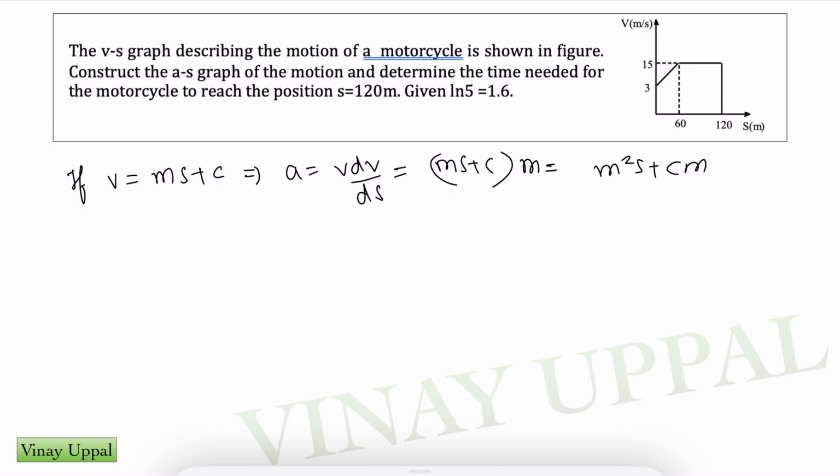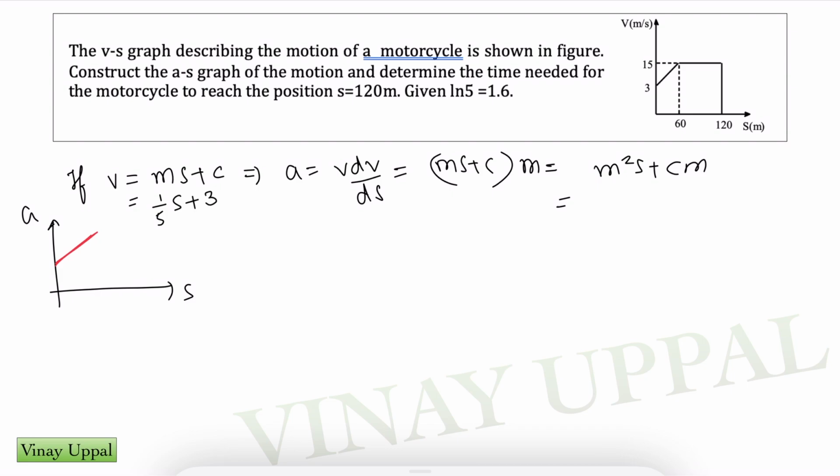In this particular situation, the y-intercept, which is 3, is positive, and the slope is of course positive, so the acceleration versus displacement graph for the first 60 meters is going to look like a straight line. Let us quickly figure out the y-intercept. Here the velocity slope is 1 by 5, which you can see from the values of the graph, so v is 1 by 5 s plus 3.